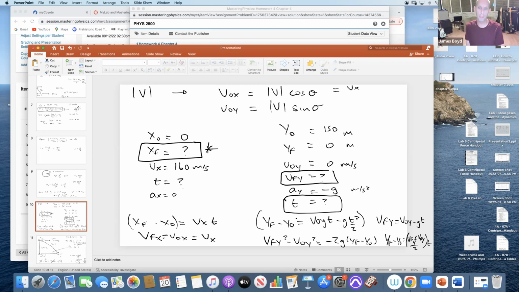This is pretty much what I'm going to ask you to do on an exam question. I'm going to ask you for some concepts or equations. One concept, the acceleration in the x direction is 0. The acceleration in the y direction is, we always have to go positive y upward.